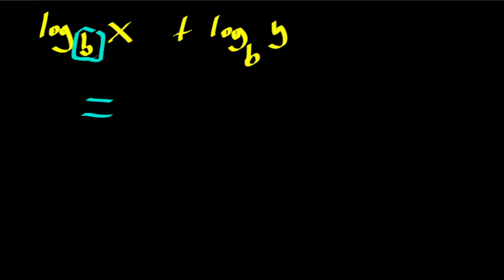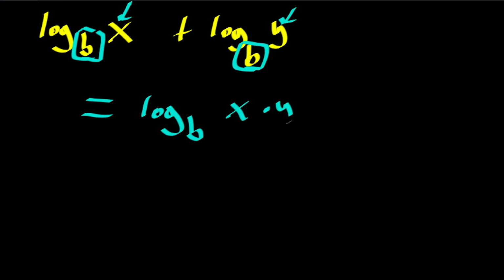As long as the bases are the same, we can condense this into a single logarithm, log base b, and multiply whatever is in the x and y positions. So this would be log base b of xy. Now let's put some actual numbers in here so you can see how it's done, but this is the overall general definition.